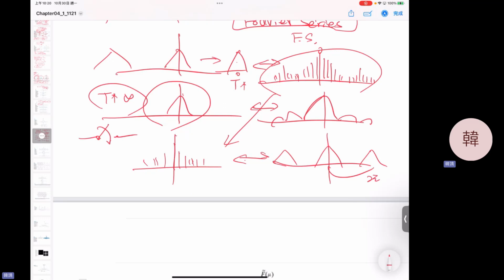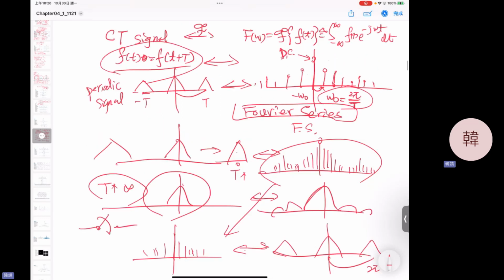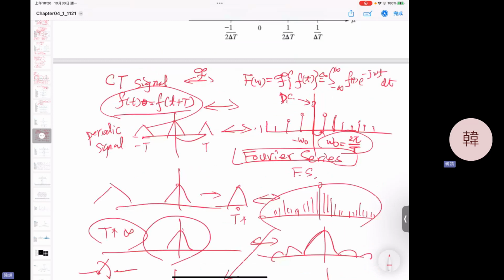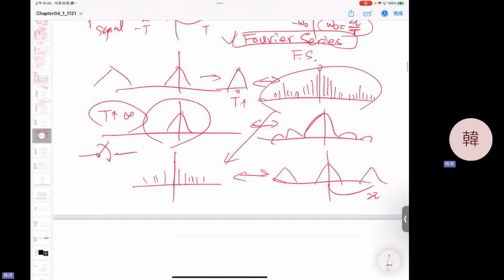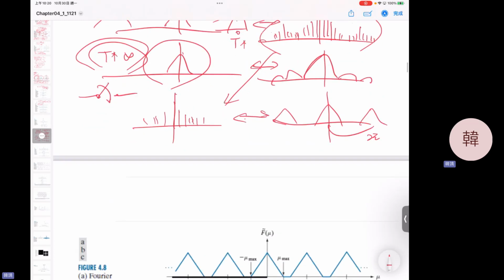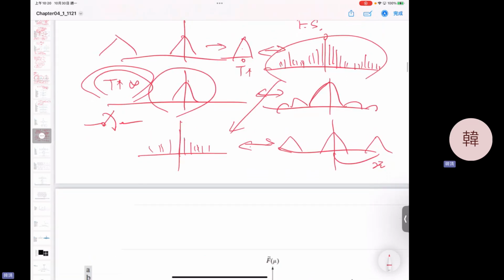So we call it a discrete time Fourier transform from Fourier series. In signal processing you always have to understand the Fourier series first, and then extend this periodic signal to a single, non-periodic signal, and then we are going to discretize. So let's add one more page here.